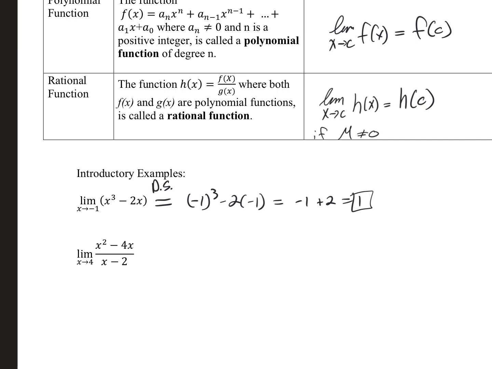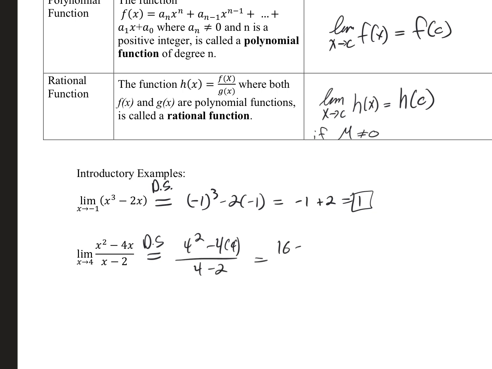The only time that's ever going to be a concern is if we somehow get a denominator equal to 0. So in this next example, we aren't going to think too hard about it ahead of time. I'm just going to begin by trying direct substitution. This would be 4 squared minus 4 times 4, divided by 4 minus 2.